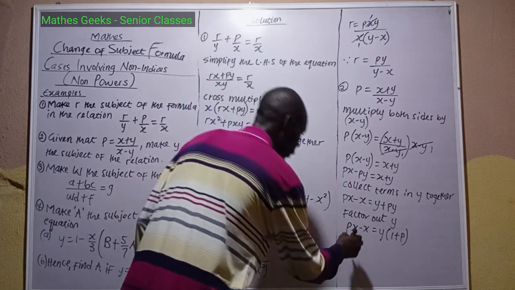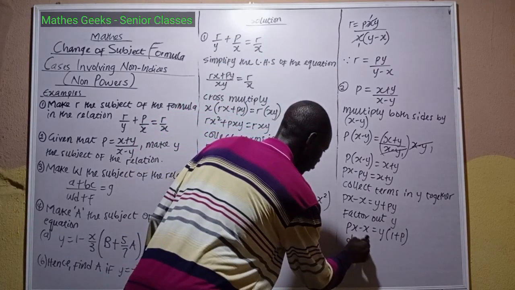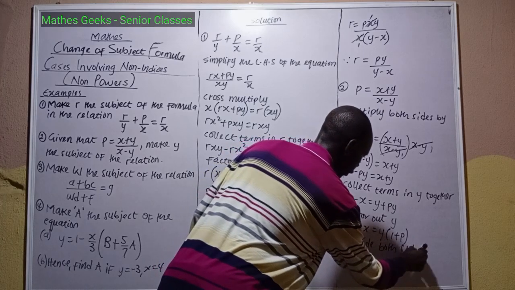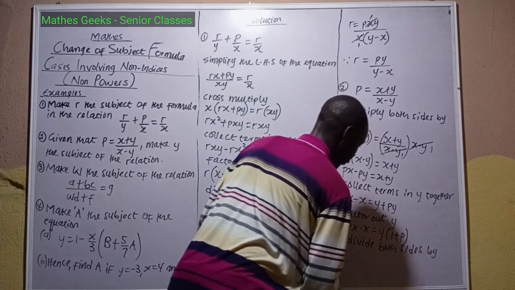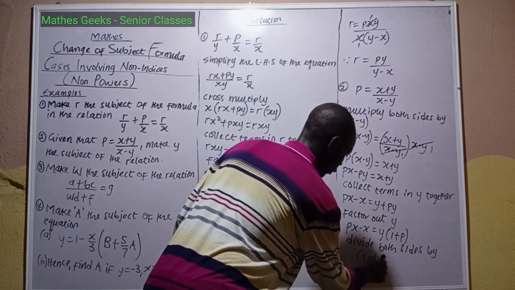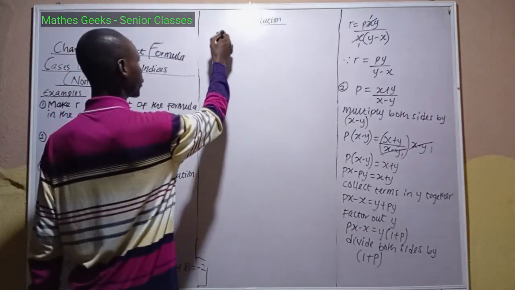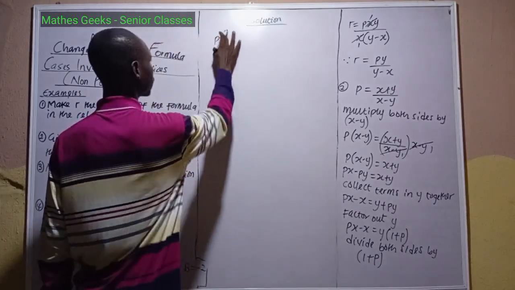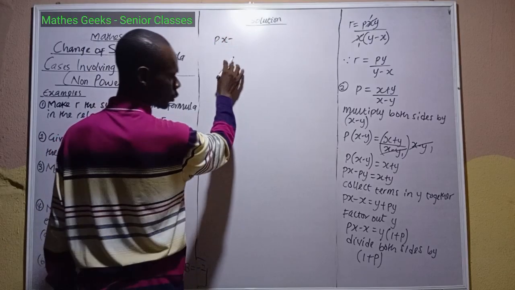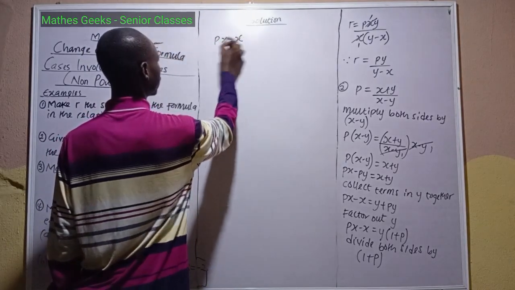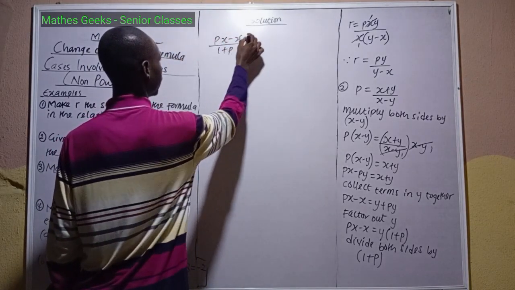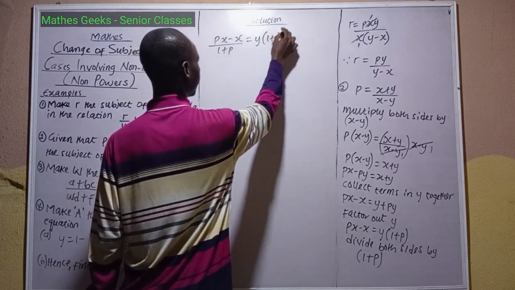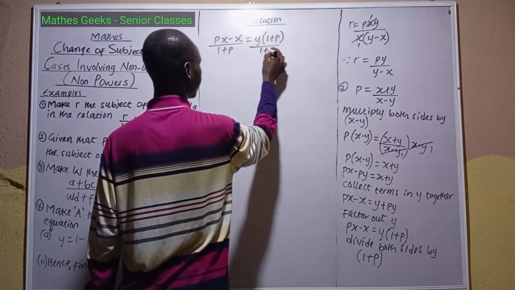We divide both sides by 1 plus p. So (px minus x) over (1 plus p) equals y(1 plus p) over (1 plus p).